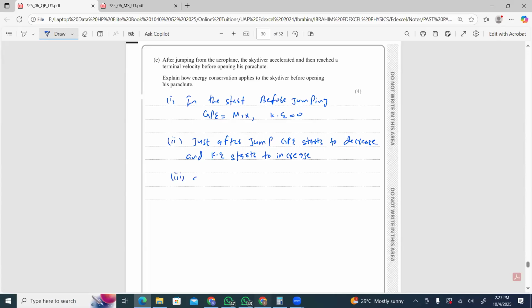Then as V increases, kinetic energy also increases and gravitational potential energy decreases. And finally, at terminal speed, kinetic energy is constant. Why? Because kinetic energy is half v squared, depending only on speed. And when the speed is constant, your kinetic energy is also constant.